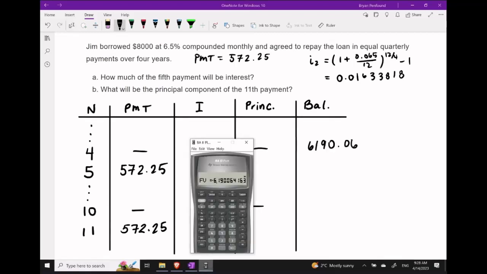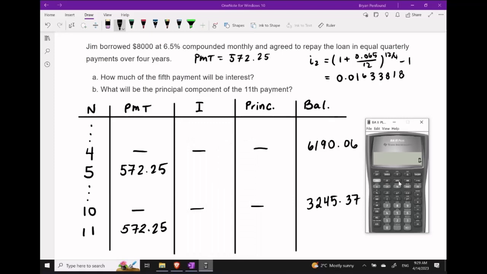Here the calculator gives us $6,190.06. Let's repeat this procedure using n equal to 10 and asking the calculator for the future balance at time step 10. And we get $3,245.37.